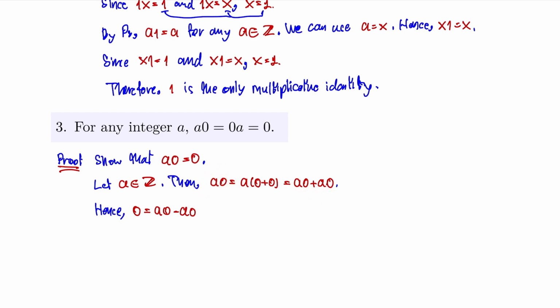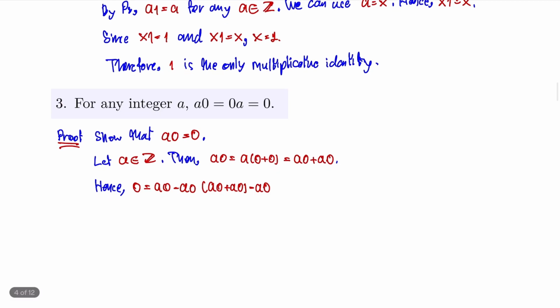But a0 is a0 plus a0. So we could have a0 plus a0 minus a0. Then we can have a0 plus minus a0.